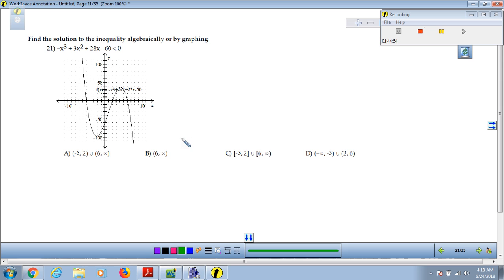Let's do graphically. So, okay, graphically, this is f of x, and I'm looking for f of x less than 0, so I'm looking for the pieces of the graph that are below the x-axis. Okay.